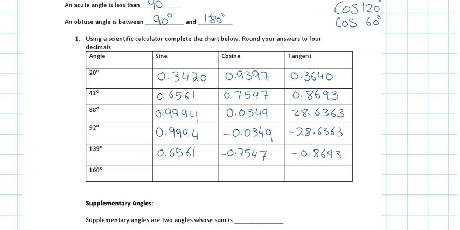Have we noticed anything else? So we have some negative answers, and what did you notice? 41 and 139, they have the same answer, but some of them are negative. Yep. All right.